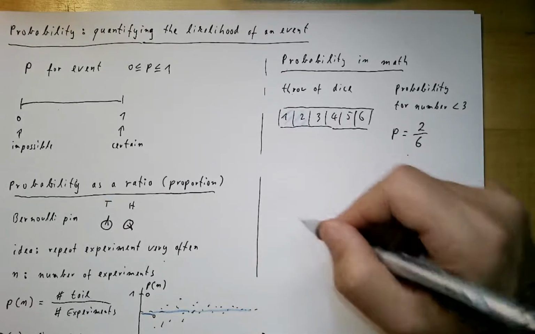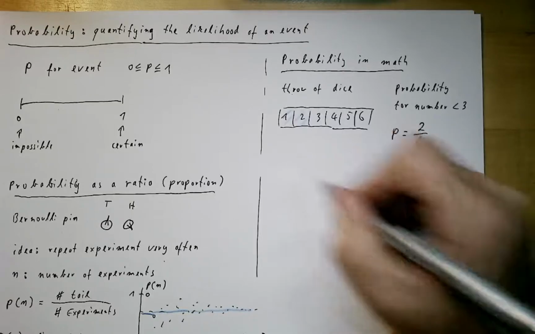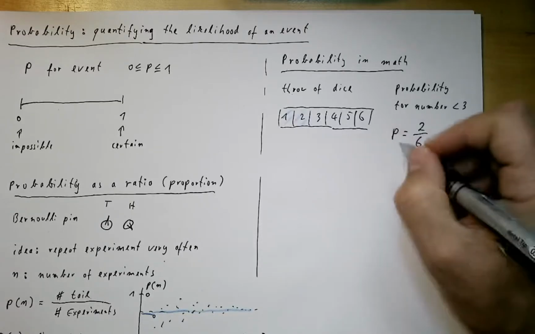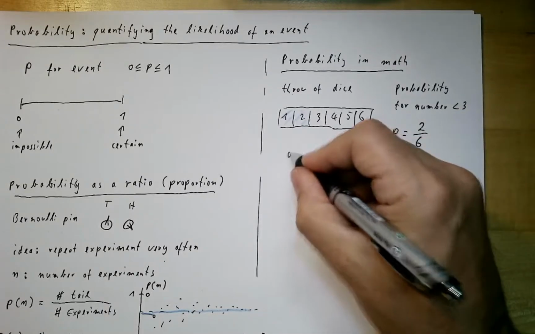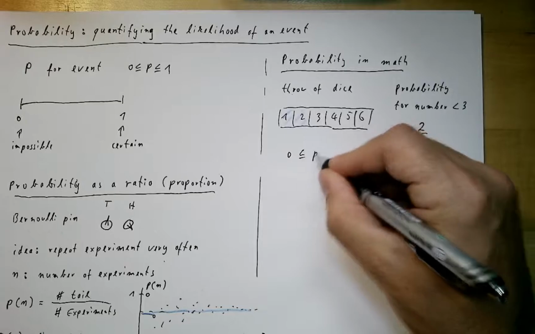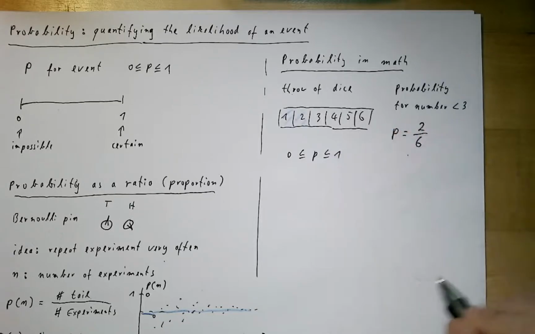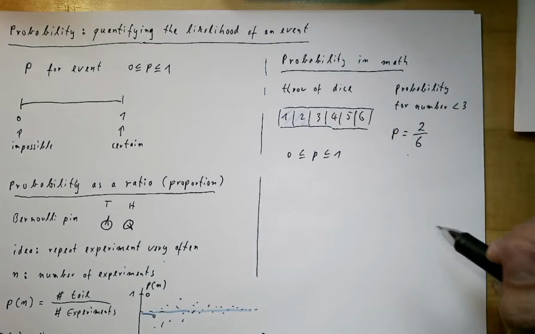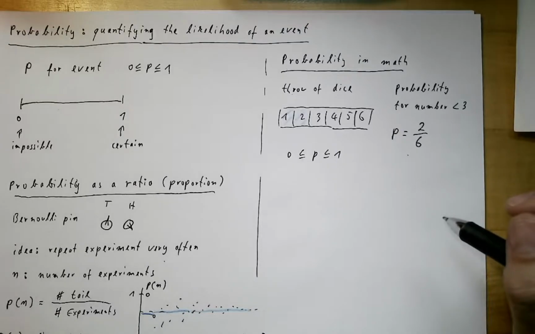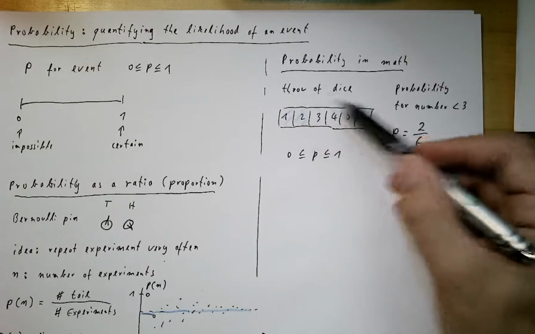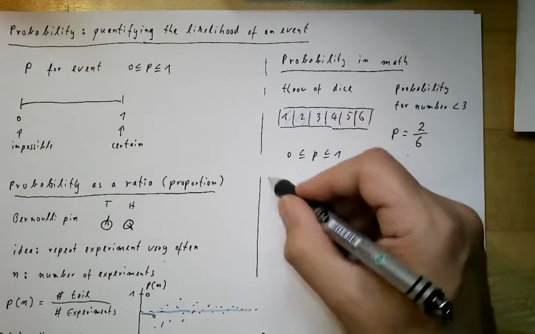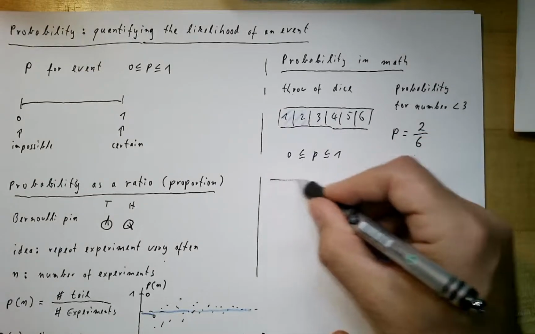And again, we find that this P, if we define it as such a ratio, is again between 0 and 1. So let's try to formalize this and generalize this idea from the throw of a dice to the very general situation.